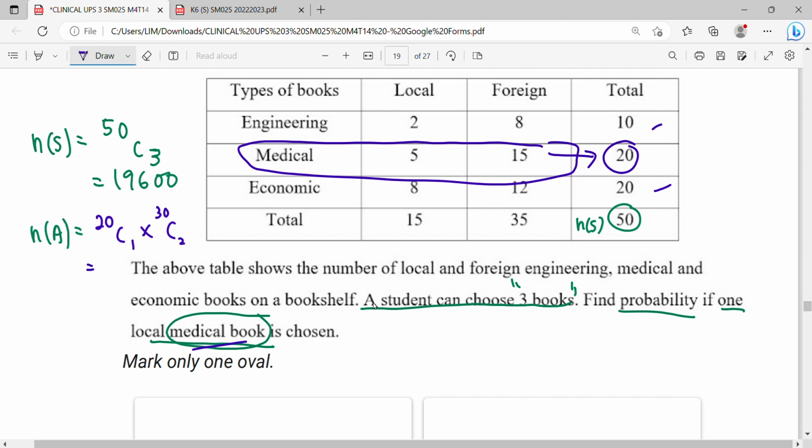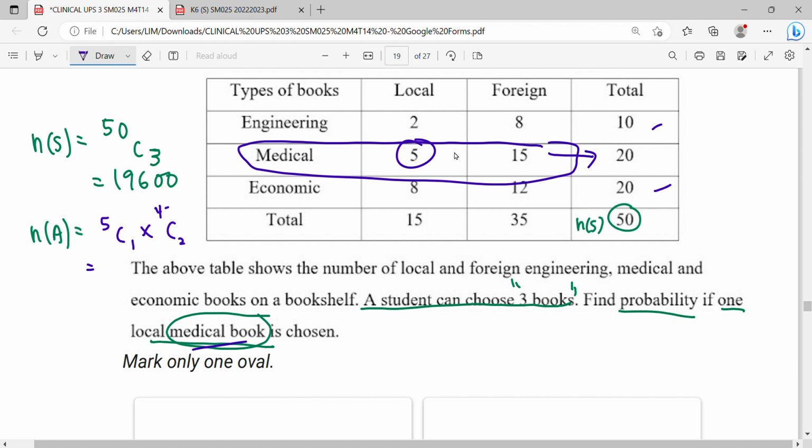To fulfill your task, you must pick 3 books. Chinese or local medical. So 5. Okay, so the amount here is wrong. Already missed local. So among the local here, 5C1. Okay, so the rest don't matter anymore.